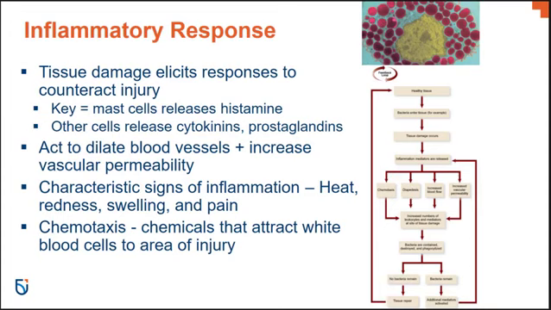Some of the characteristic signs of inflammation include heat, redness, swelling, and pain, as well as loss of overall function of that area. Many of the mediators of inflammation listed above are chemotactic factors. That is, they're chemicals that attract white blood cells to the area in a process called chemotaxis.